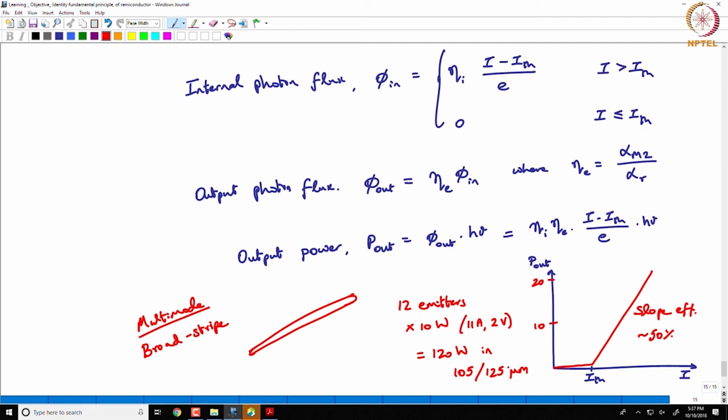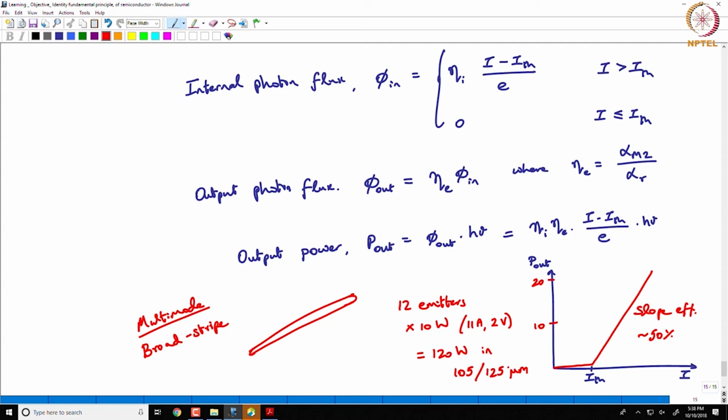That is important. As you scale to higher power levels, you need more and more efficient dissipation of heat. That eventually determines the size of your laser diode also. You are not going to be able to keep it very compact, because you need a certain volume to dissipate your heat.